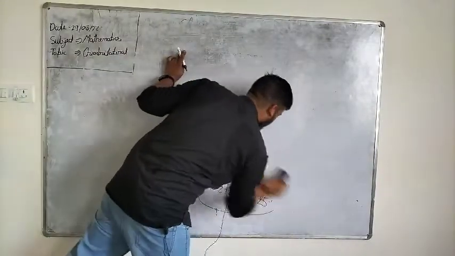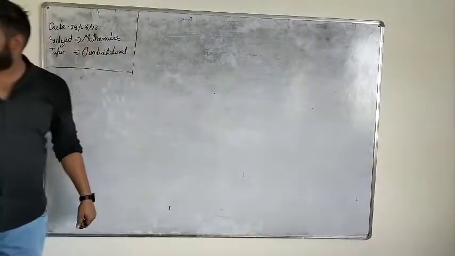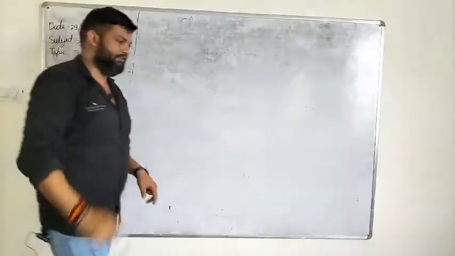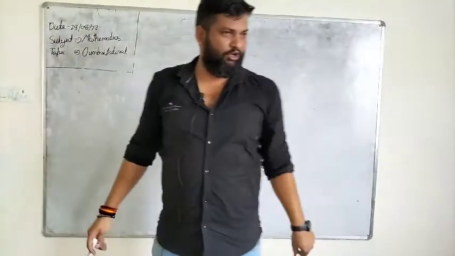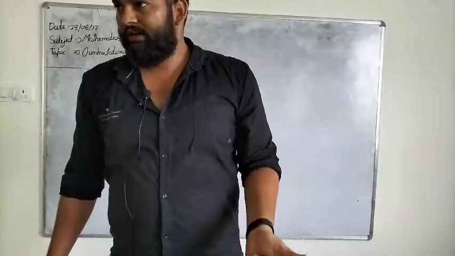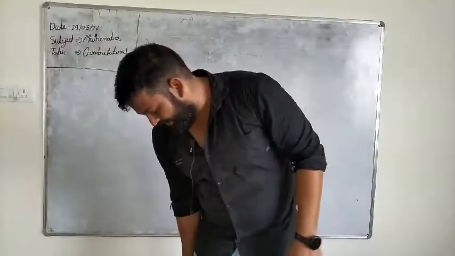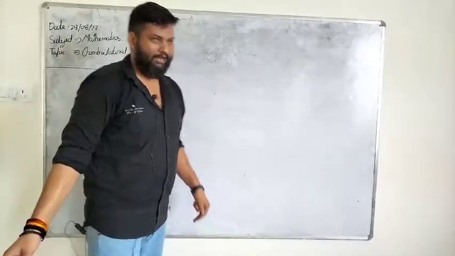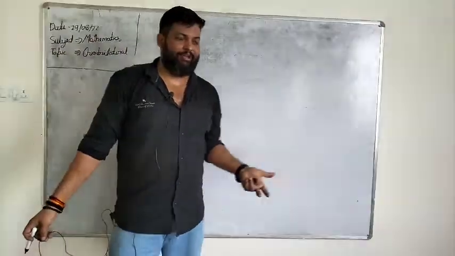From the chapter polygon, today I just have to discuss some basic concepts: the sum of all interior angles of any polygon is equal to what, and the sum of all exterior angles of any polygon is equal to what, which I have already discussed with you, but today I will repeat again.